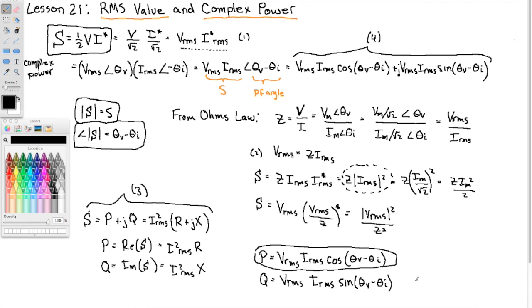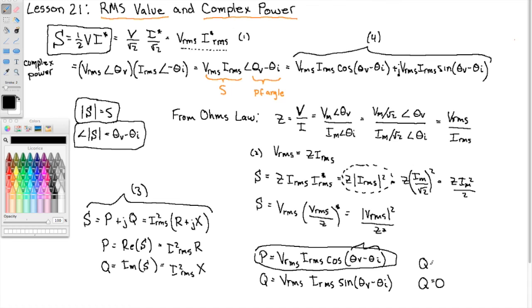So if Q equals 0, then there is no reactive power, and the load is purely real, so the load is purely resistive. In that case, the voltage and the current have the same angle in a resistor, so the power factor is 1. The cosine of theta v minus theta i is 1.